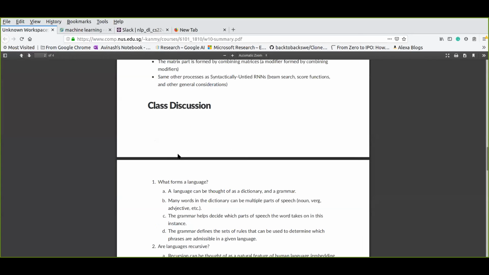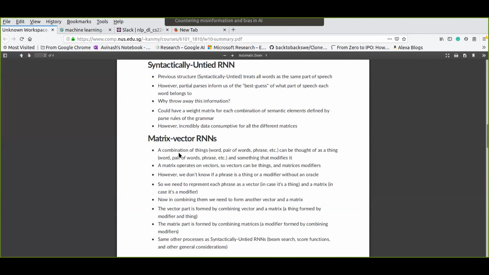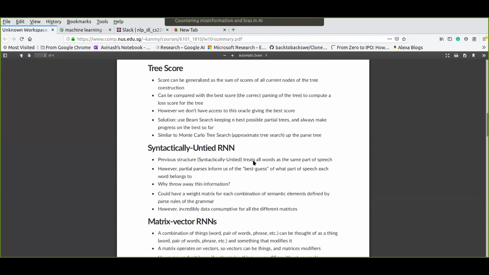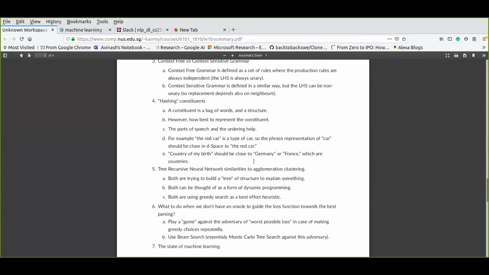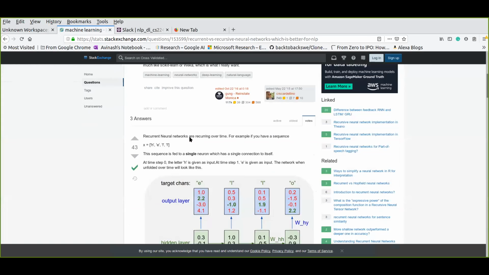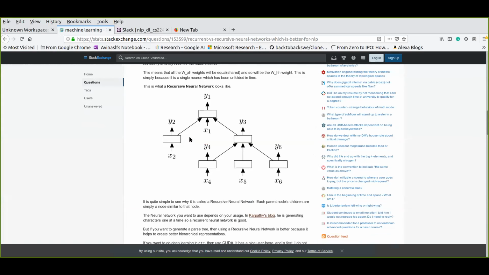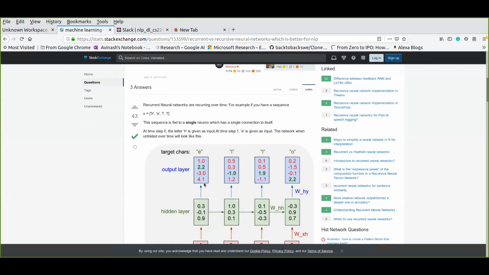I hope you all can see my browser now. There are some slides here that talk about something related to this. There's not much here, just a few points. And here's one Stack Exchange answer. So here is just another example.